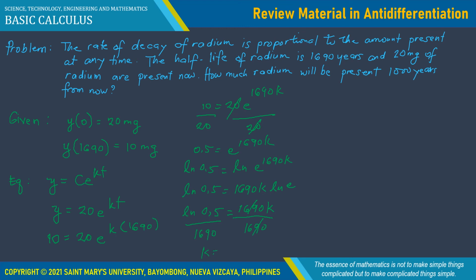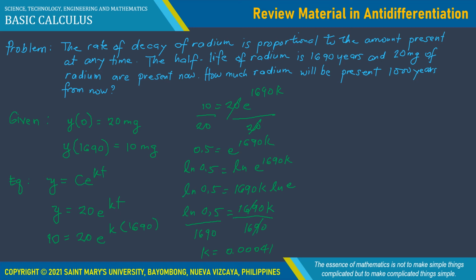So gamitin nyo lang yung calculator nyo. ln 0.5 divided by 1,690. That will be equal to, naka-scientific siya. So gawin natin siyang decimal form. 0.00041. Approximately 0.00041. So yan ang ating k.